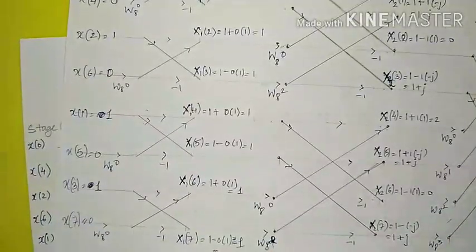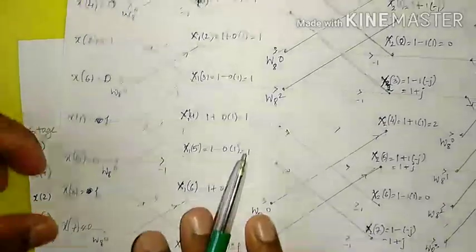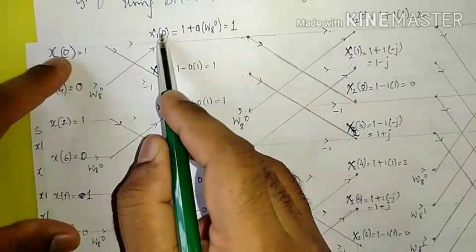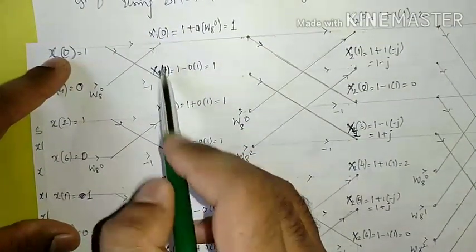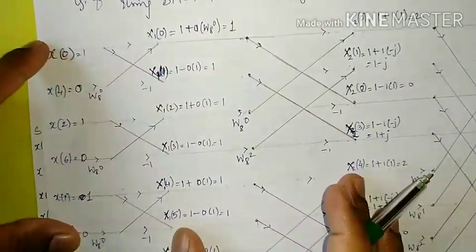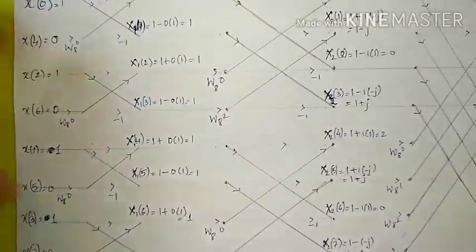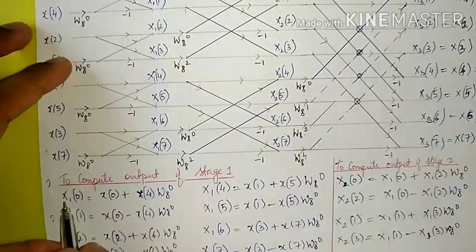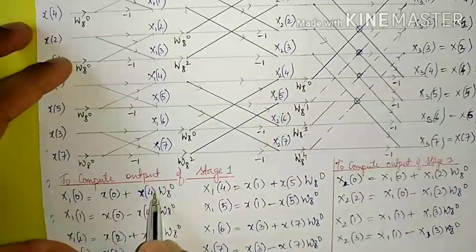So whenever you are trying to solve the problem, you draw the structure, give the inputs, and write what the outputs of these terminals, these points, are. Then separately you start writing the equations. Looking at this part, stage 1 output, you write it in this way: x1 of 0, substitute the values.